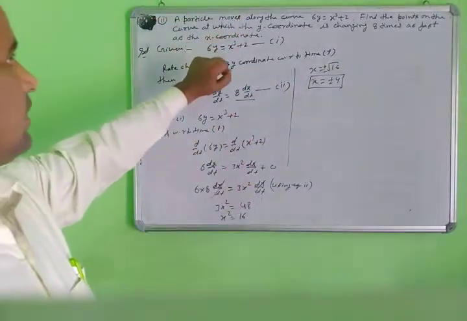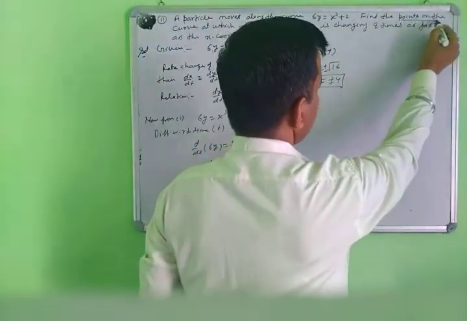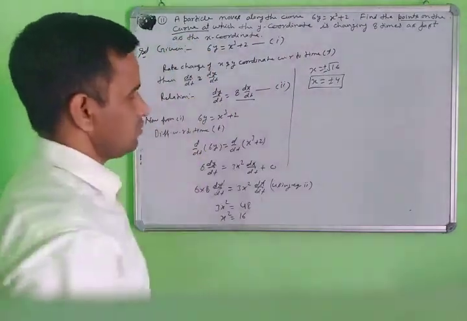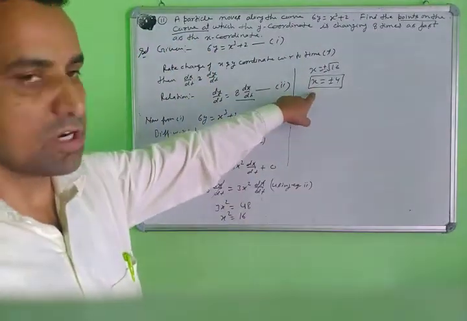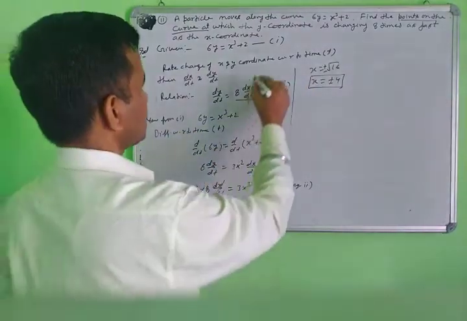Now we have to find the points on the curve. The value of x you already found; now find the value of y by putting it in equation first.